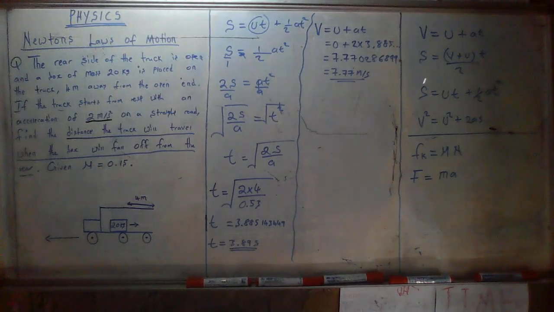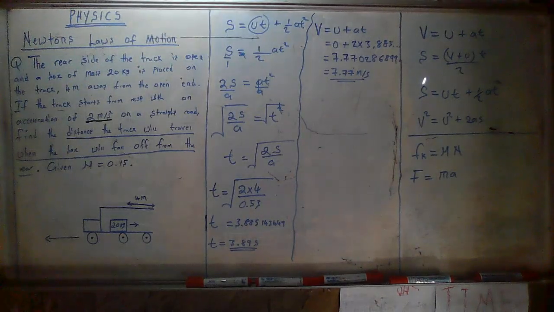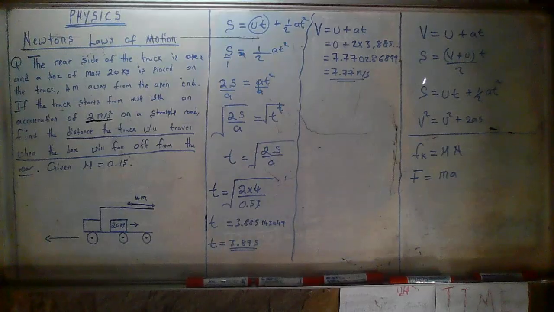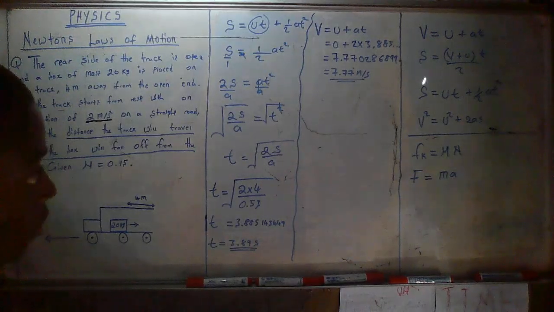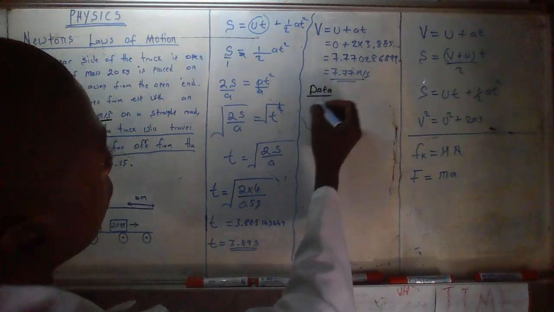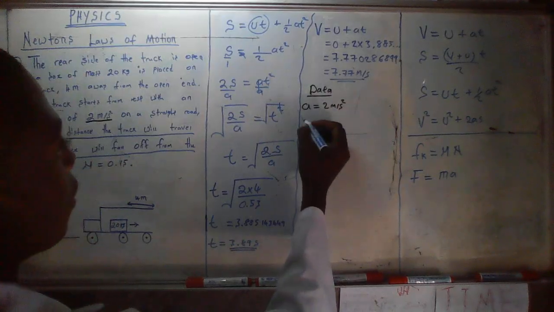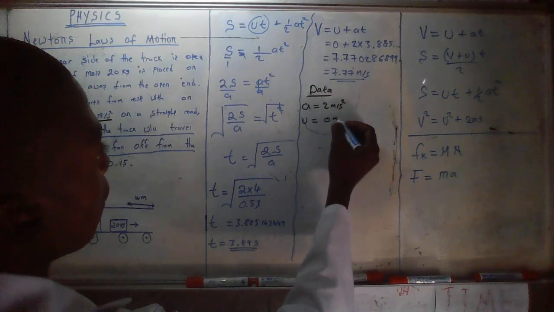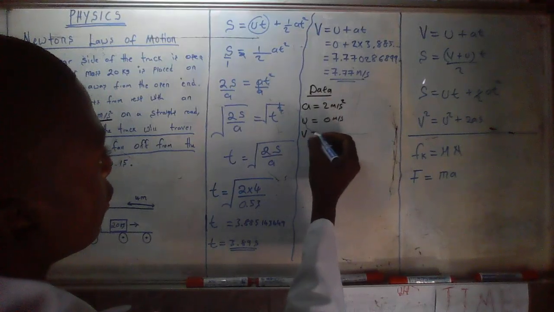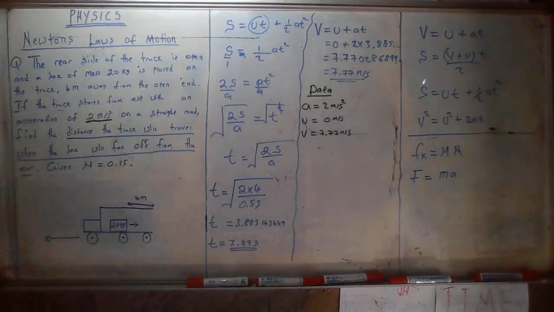All right. What else do we need? Now we need to find the distance. Which formula qualifies? Let's remember that on our data we've got acceleration, initial velocity, the final velocity, and the time.